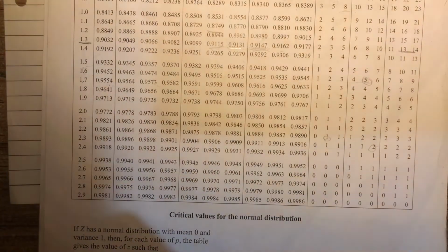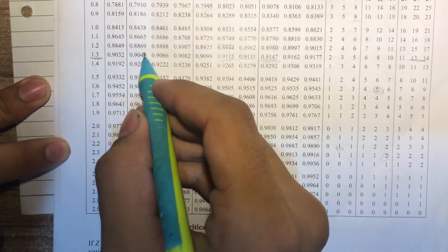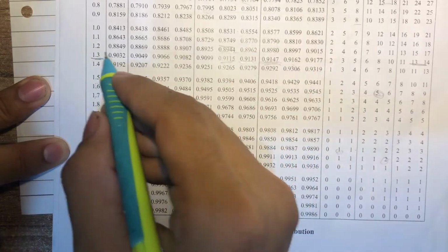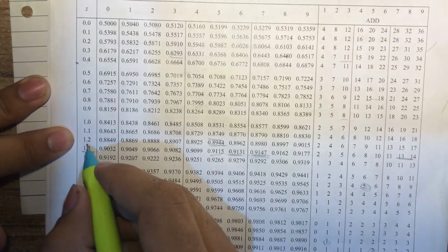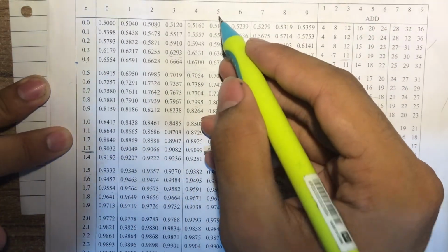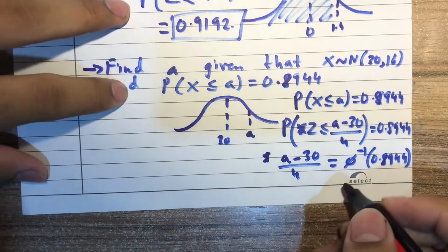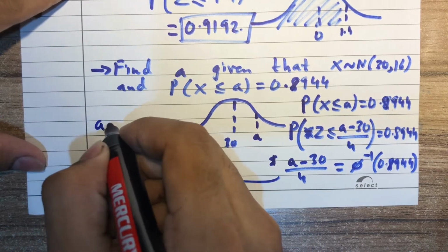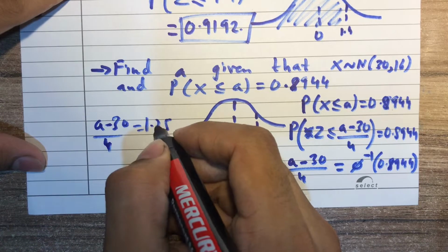So 0.8944, we have 0.8 over here, 0.89, 0.8944. So 1.25, 1.2 and 5. So (A minus 30) upon 4 equals 1.25.